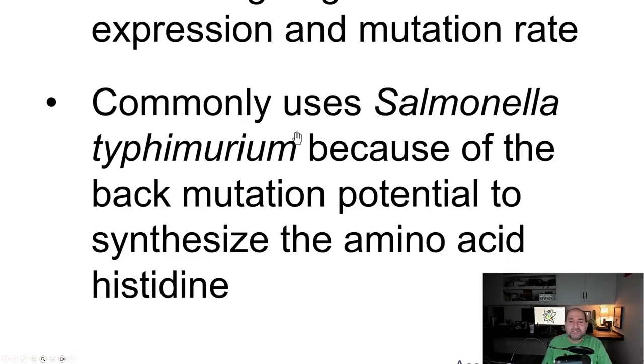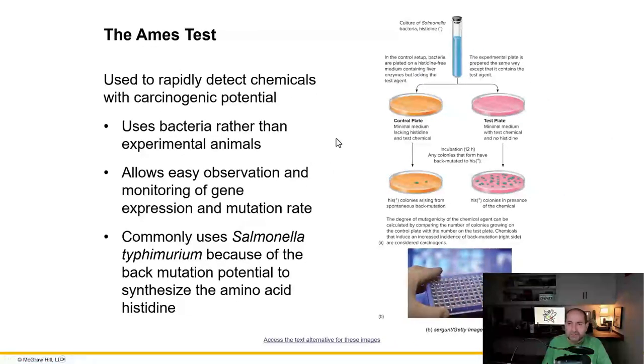This assay typically uses the bacterium Salmonella typhimurium because of the back mutation potential to synthesize the amino acid histidine. What does that mean? Hold on. So what this means is they have found a strain of Salmonella that cannot make histidine because it has a mutation in the histidine gene.